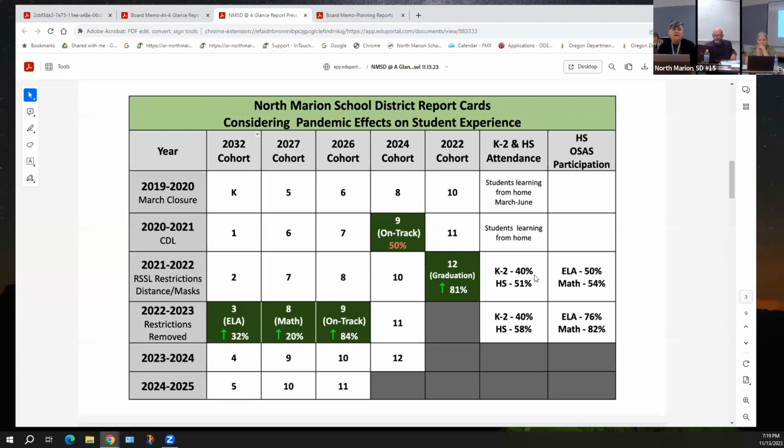The other one that we wanted to call out is our participation rates for the Oregon State Assessment. Because some of the data we're going to be looking at, specifically with high school, is deeply impacted by those participation rates. And so overall, for all the other grade levels, 3rd through 8th, we met the state expectation for participation, which is 95% of students taking the test.